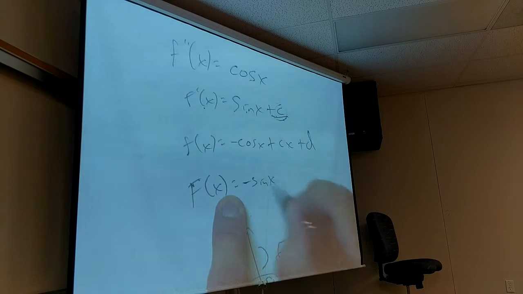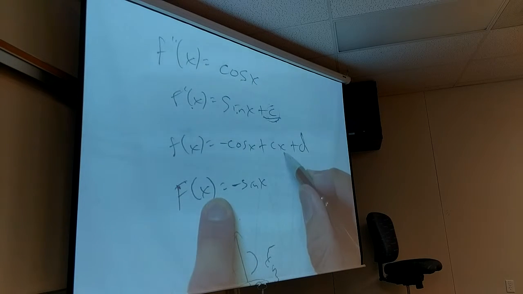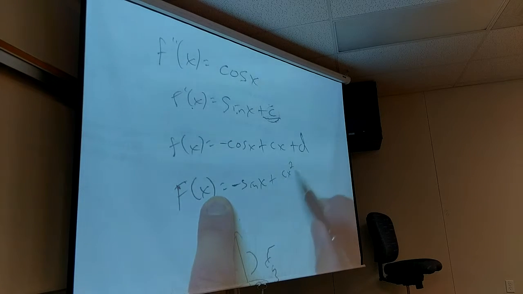Negative sine x. And here's where things get interesting. It would have come from cx squared, but what's wrong with just doing that? Because what's the derivative of cx squared? 2. Oh, I don't have a 2 here, do I? So what's got to be here to kill that 2? Huh? No. Over 2.